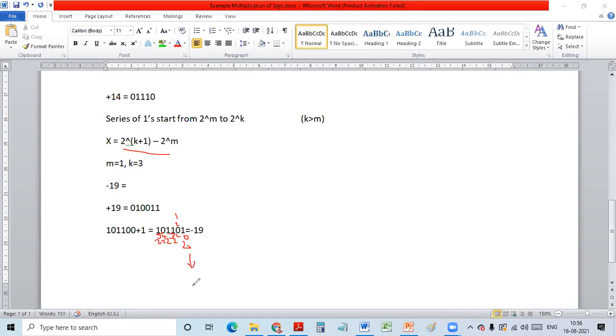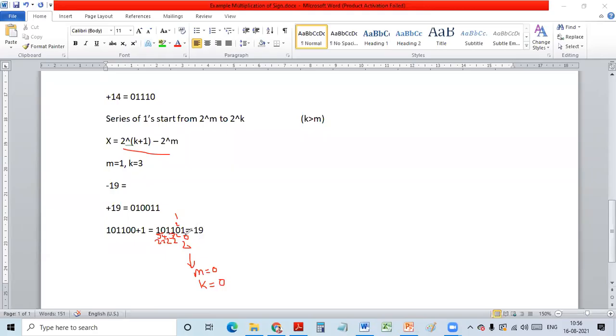So this is my m, which is equal to 0, and it has a series of ones starting from 0 to the end. Where is it ended? What is the value of k for this series? K is also 0. It ended right there.